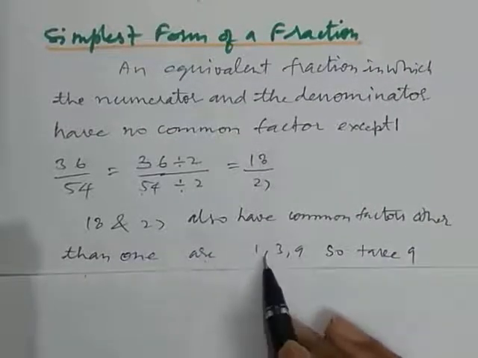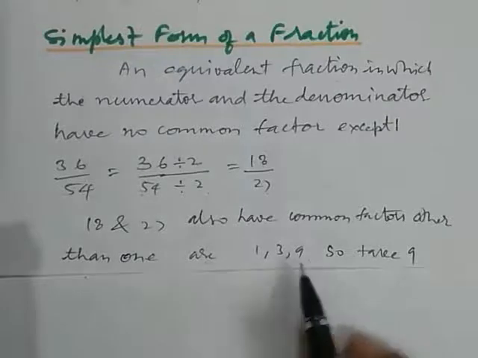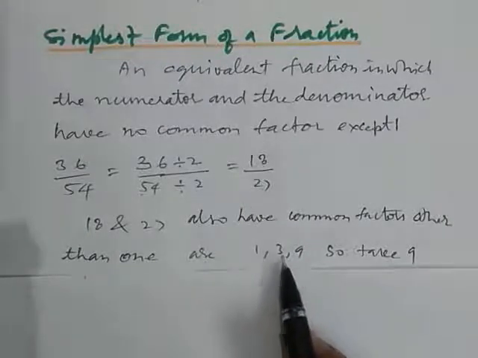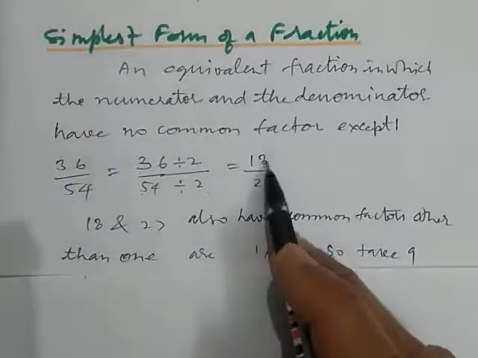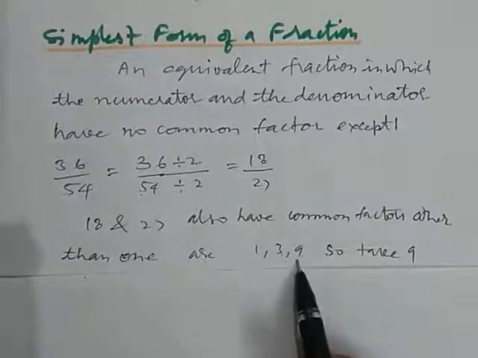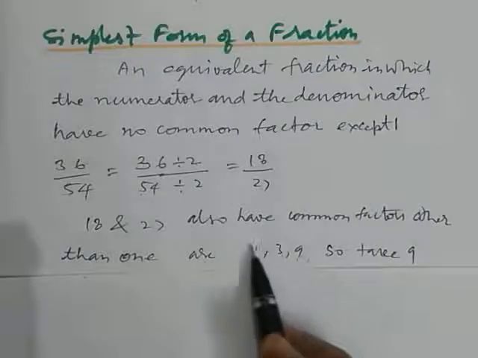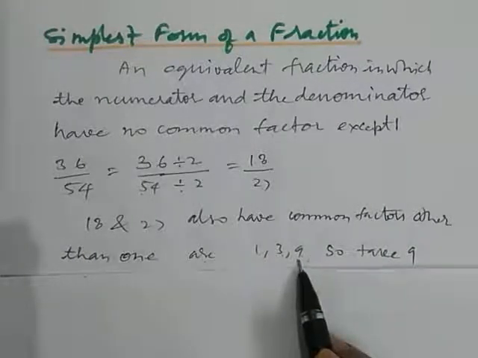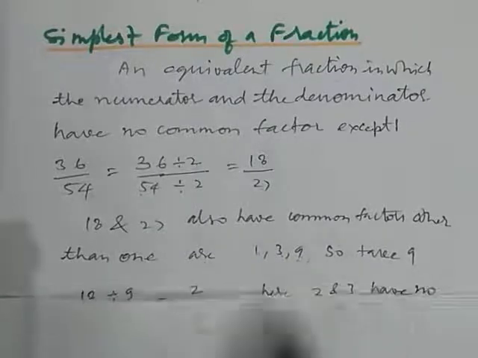They are 1, 3, 9. 18 and 27 both contain the common factors 1, 3 and 9. By factorizing this we can find this. So among all these factors we take the greatest. So here 9 is the greatest, so take 9.